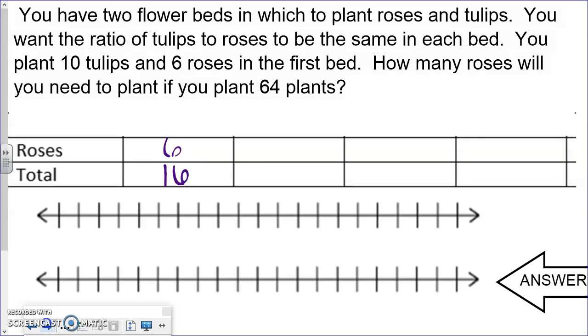So I need to extend out that pattern to get to 64. So if I double it, I'm going to go to 32 and 12. If I add 16 again, I'm going to be at 48 and 18. And then if I go one step further, I get to 64 and 24. So I would have 24 roses for 64 plants in total.